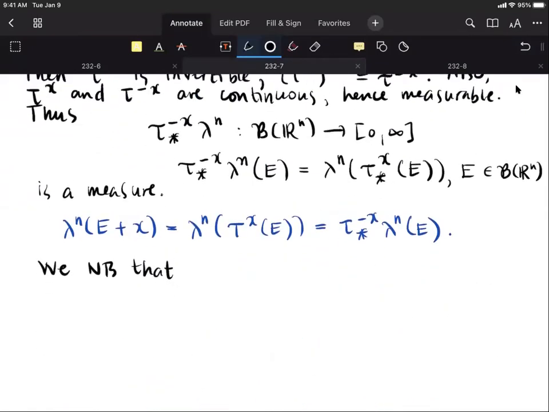And from this, we have expressed the Lebesgue-Borel measure of the translation in terms of the image measure corresponding to tau raised to negative x. So we need to show that this image measure corresponding to the translation is the same as the Lebesgue-Borel measure.